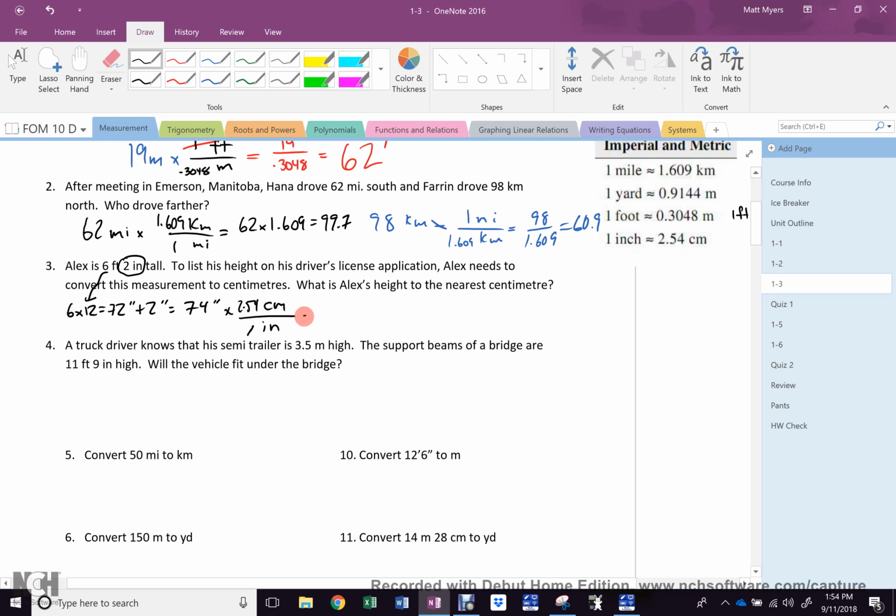Is this a multiply or divide situation? Multiply. Why is it multiply? Because you take away the 1. Because the 1 disappears and they're both numerators. And what is the answer? It's like 188, isn't it? I don't remember. 187.96, so 188.